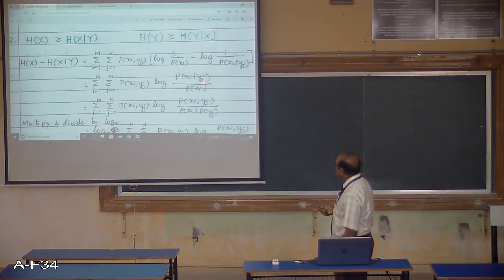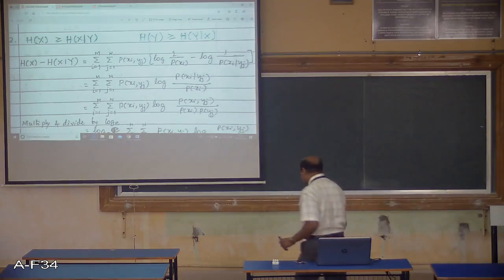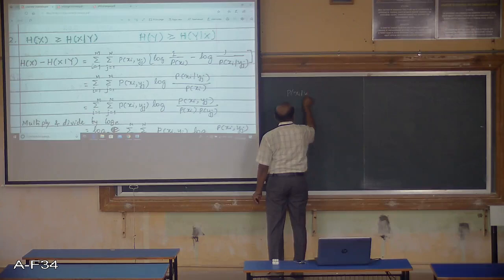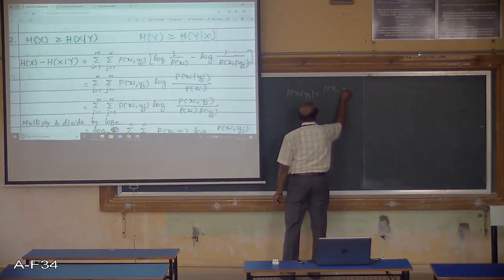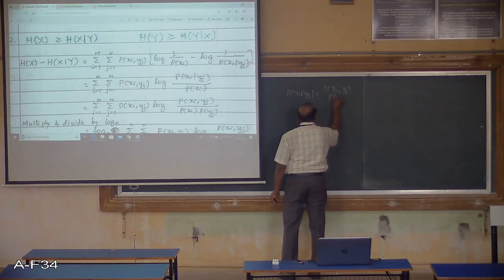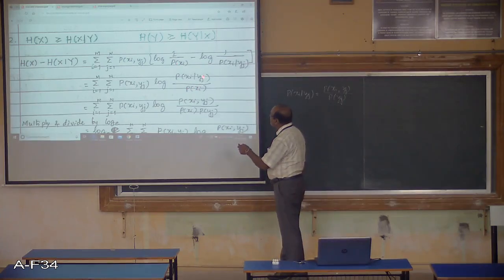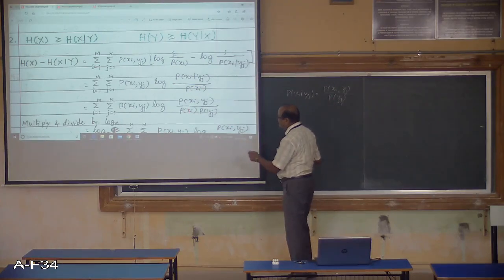And the conditional probability of xi given yj is the joint probability divided by the probability of the conditioning event. So this x given yj is replaced by this, and this xi is kept as it is.